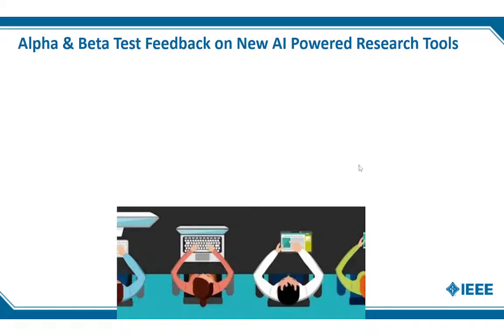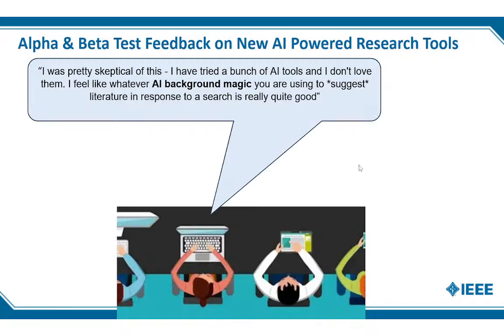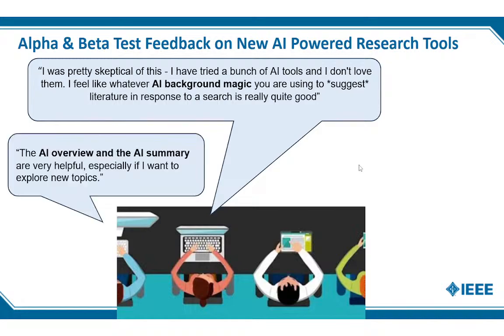So some of the feedback we are receiving from our customers, for example, initially there might be questions and they have been trying different kinds of tools, but they realize that the IEEE AI tools are quite good, quite useful. And the AI overview and the AI summaries especially are quite useful, especially when exploring a new topic or new research terms.